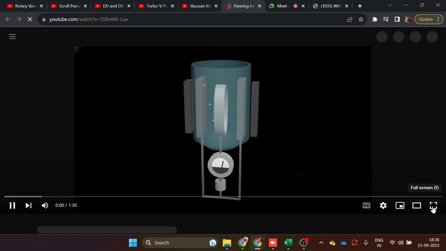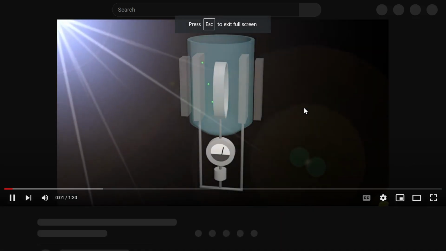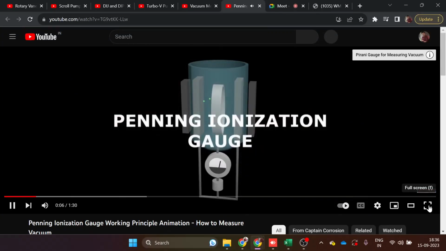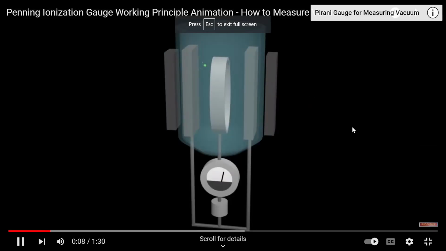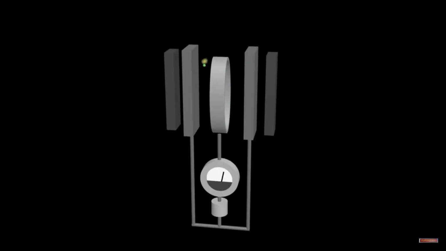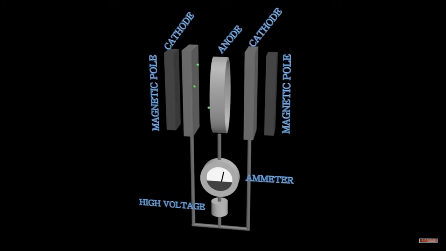And last we have this. The Penning ionization gauge, also known as the cold cathode gauge, is a device used to measure vacuum. It operates in a pressure range between 10 to the power minus 2 and 10 to the power minus 9 torr. The system consists of a hollow anode, cathodes, magnetic poles, a high voltage power source, and an emitter.